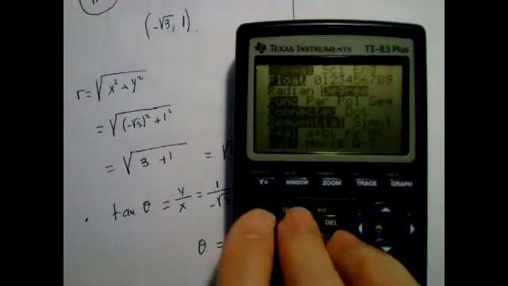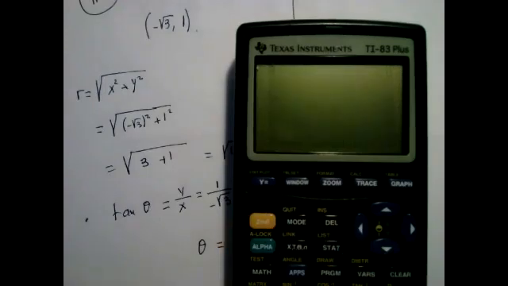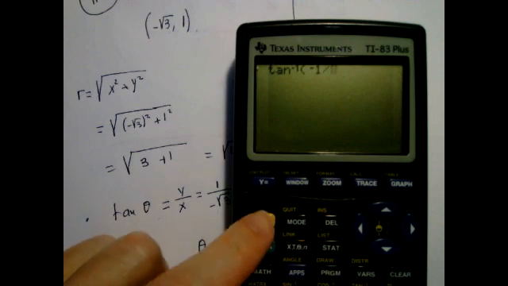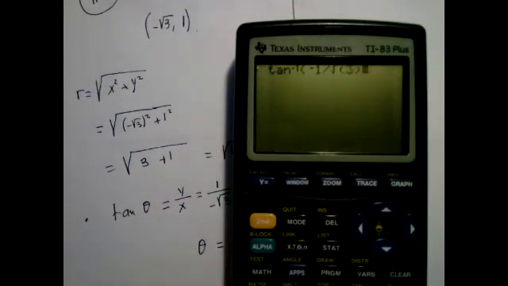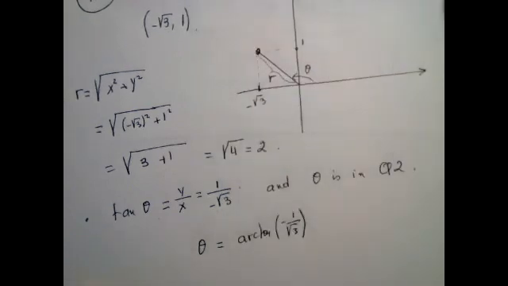I'm going to take tangent inverse of -1 over the square root of 3. I'm getting a syntax error, so I repeat: tangent inverse of -1 over the square root of 3. I'm getting -30 degrees. Sorry.